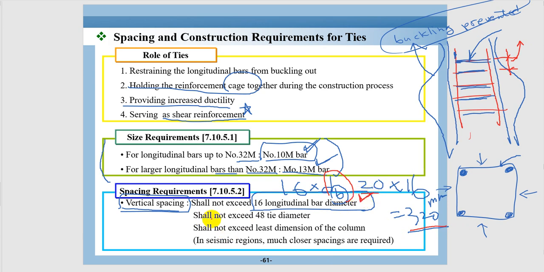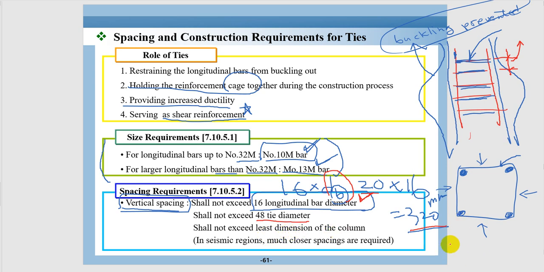And it also shall not exceed 48 tie diameters. If you have a 10 millimeter diameter tie, then you multiply by 48, so 480. You can't exceed 480 millimeter for vertical spacing. And the last one is that it shall not exceed the least dimension of the column.